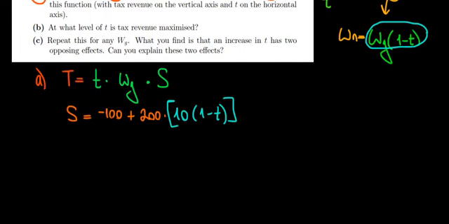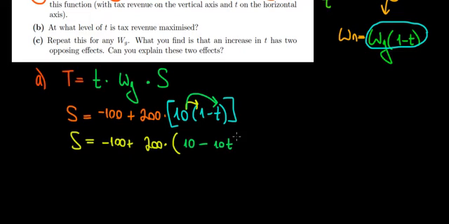So the labor supply S is going to be equal to minus 100 plus 200 multiplied with, what is 10 times 1 minus T? Well, that's just 10 times 1, which is 10. So it's going to be 10 minus 10 times the tax. We close the bracket. We can open one more bracket.